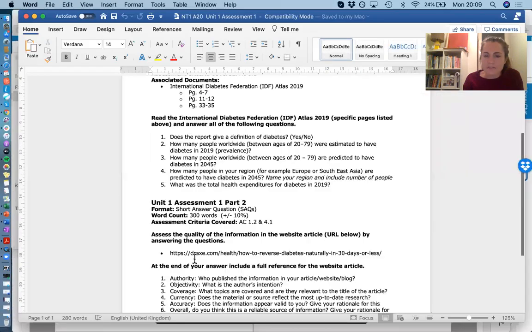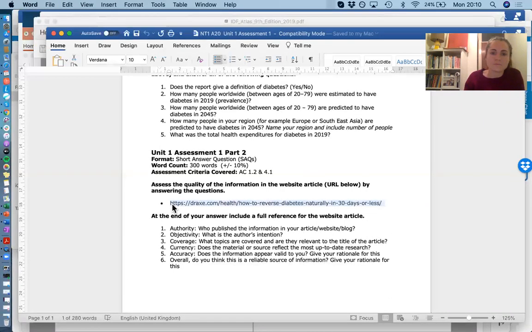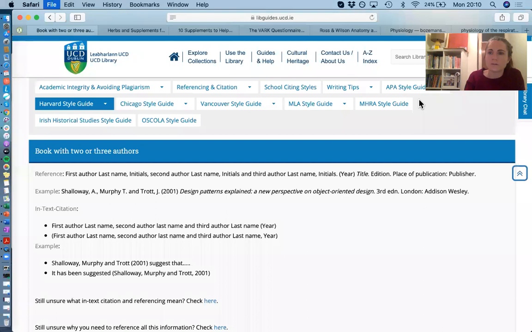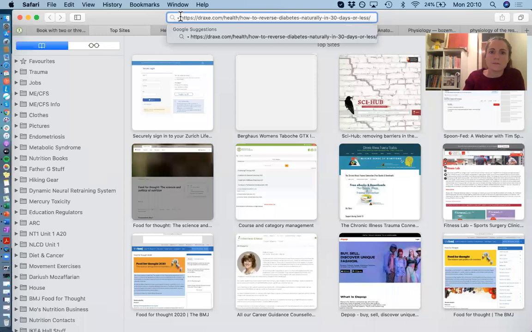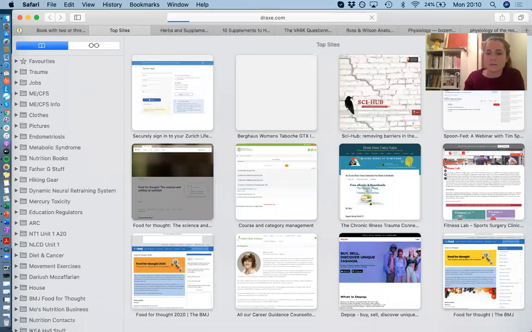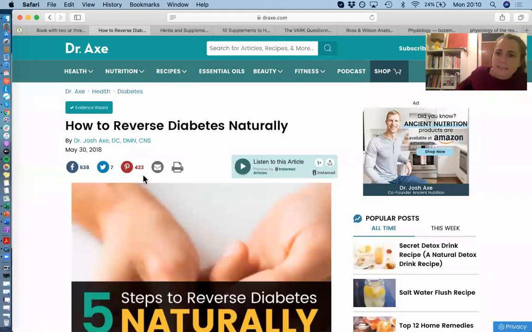The second question is a bit longer. It's a 300-word assessment, and we basically want you to assess the quality of information in the website article. The website here is this article, from Dr. Axe, on how to reverse diabetes naturally.